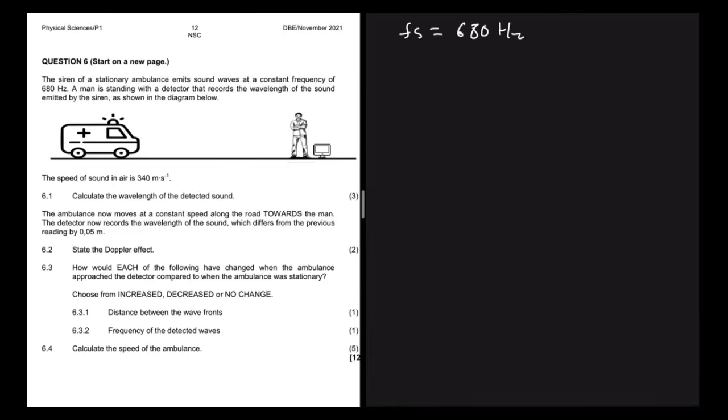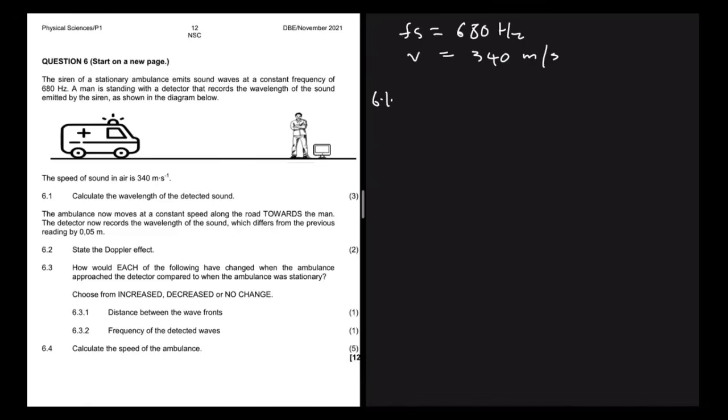And yeah, there you have it on the left hand side. And then it goes on to say the speed of sound in air is 340 meters per second. So we have our v equal to 340 meters per second. And then 6.1 says calculate the wavelength of the detected sound.